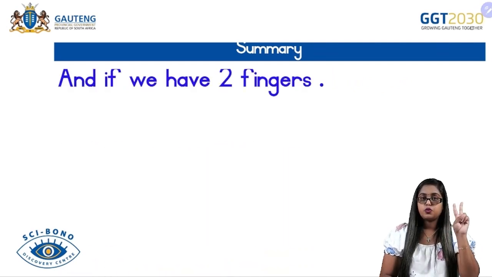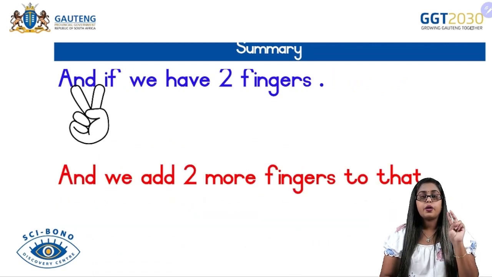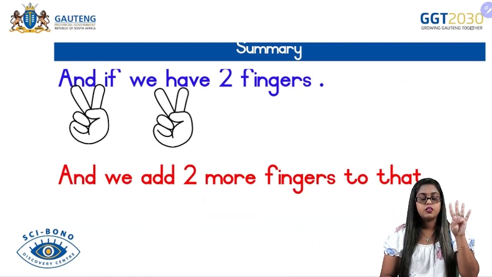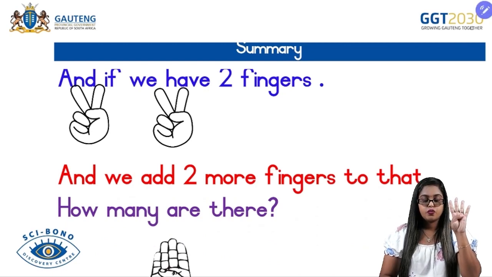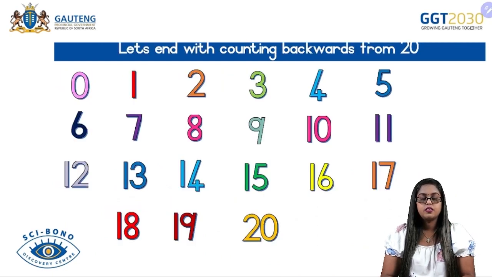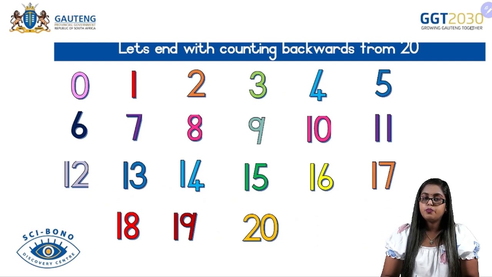And if we have 2 fingers and then decide to add 2 more fingers, how many are there? Let's count them. 1, 2, 3, 4. So you should have 4 fingers altogether.